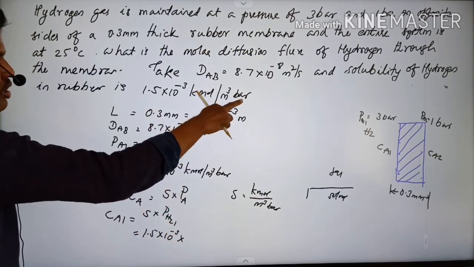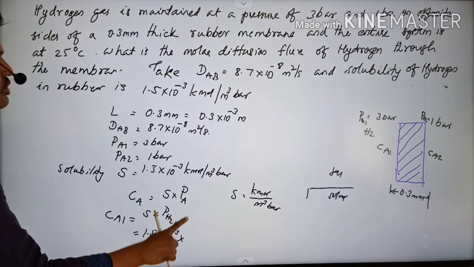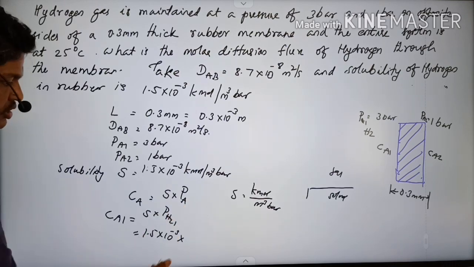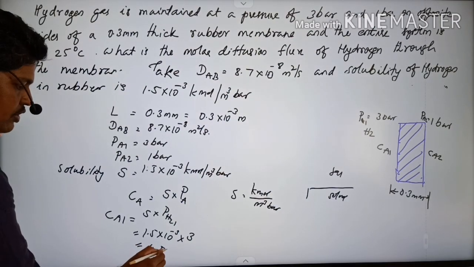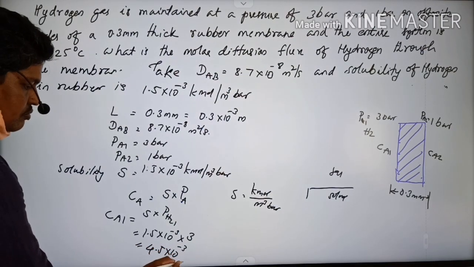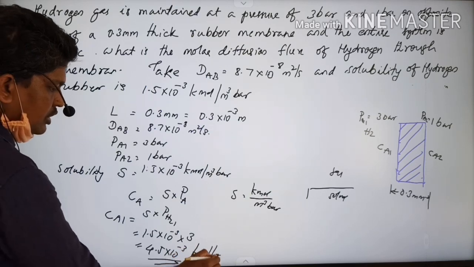Here the solubility is per bar, so you have to multiply this with the pressure in bar, that is 3 bar. It's equal to 4.5 into 10 raised to minus 3 kilomole per meter cube.